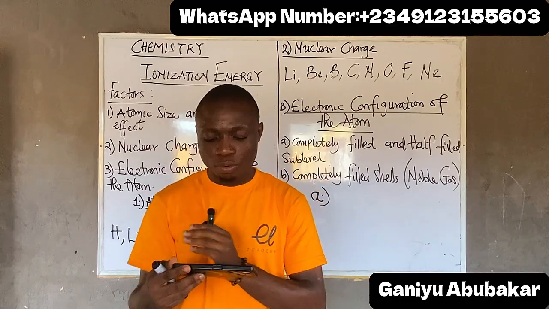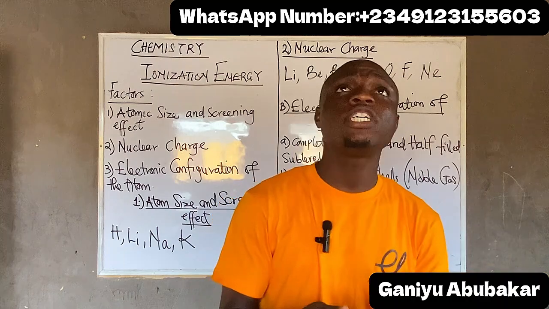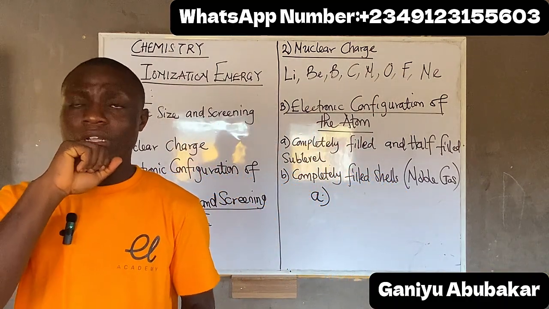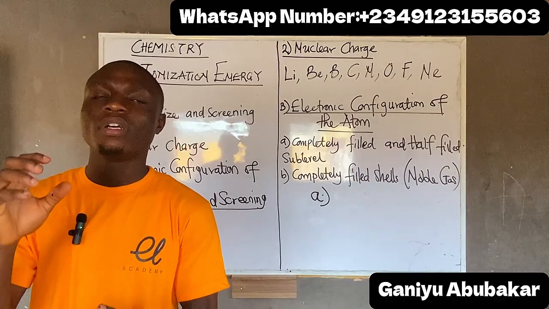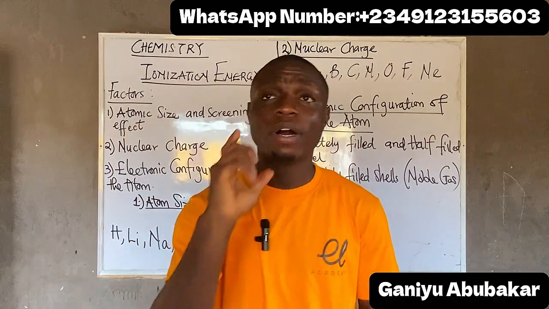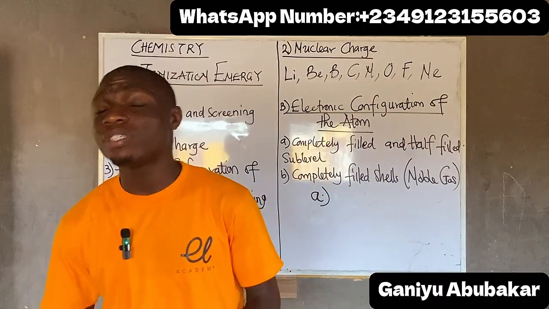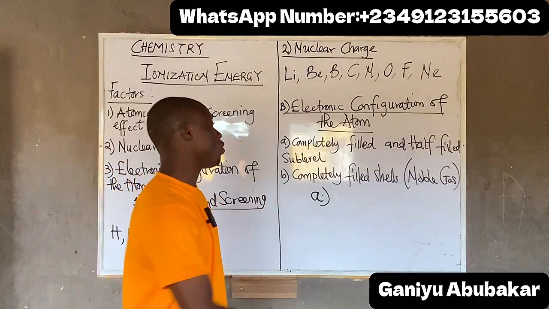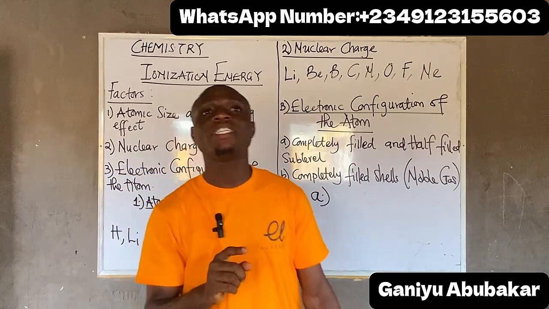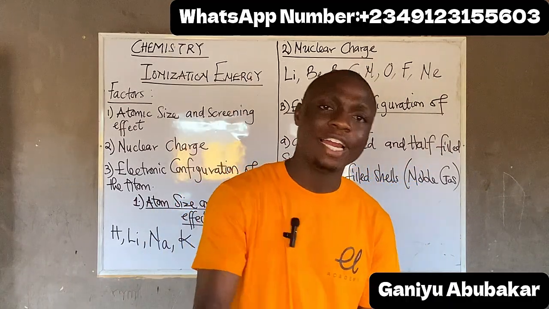For example, magnesium and phosphorus have a higher stability. So if IE is coming into play in this case, it needs sufficient energy. In other words, it is safe to say that when it comes to completely filled or half-filled, it is not easier for IE to remove an electron.